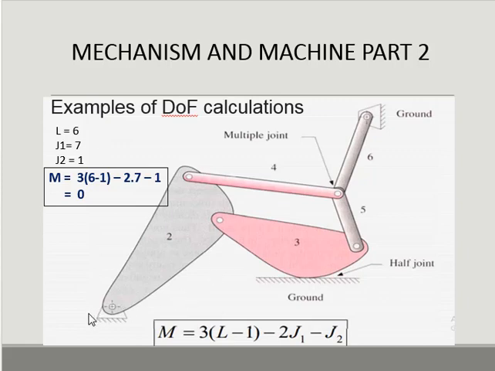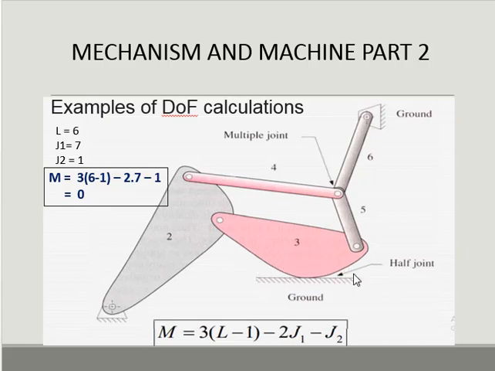After that, you count the lower pair joints, pin joints or sliding. You count joints 1, 2, 3, 4, 5, 6, and 7. This is 7 lower pairs. And then lastly you count the high pair. You can look at the high pair at this joint.